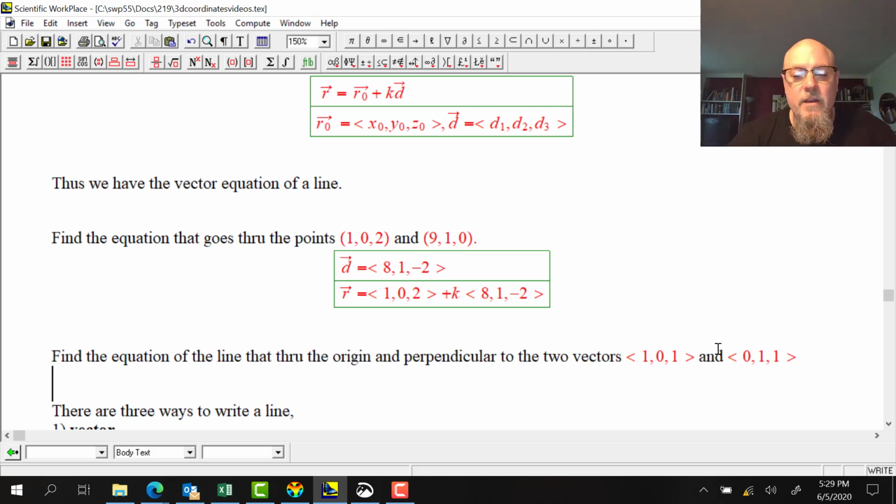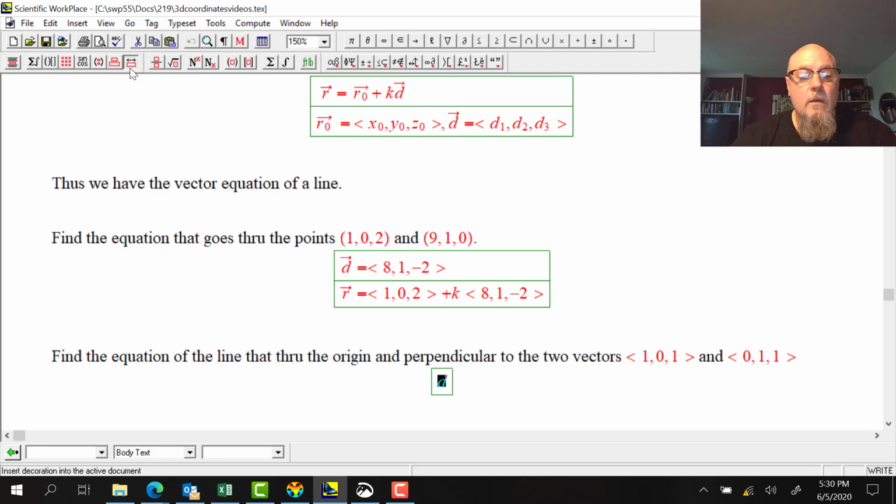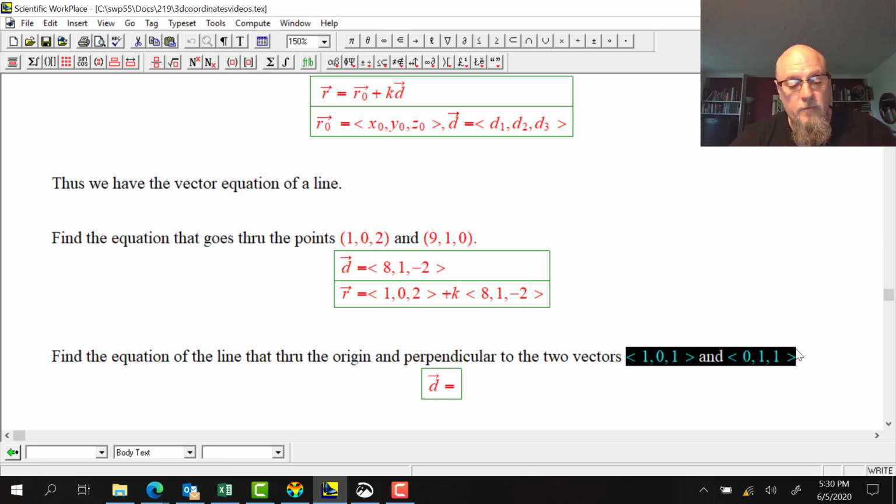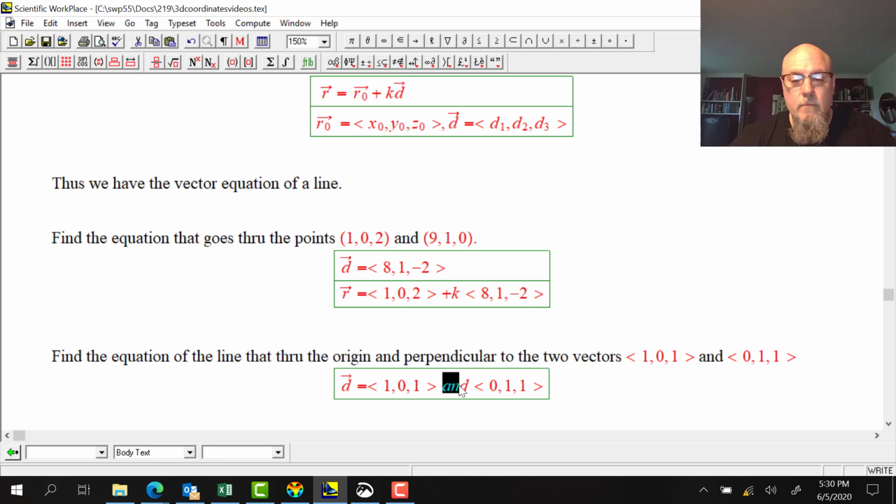So that's the first thing I'm going to do. Again, why do I know that I need to do that? Because I need a direction vector and I need a point. So the direction vector is going to be equal to these two vectors' cross product.